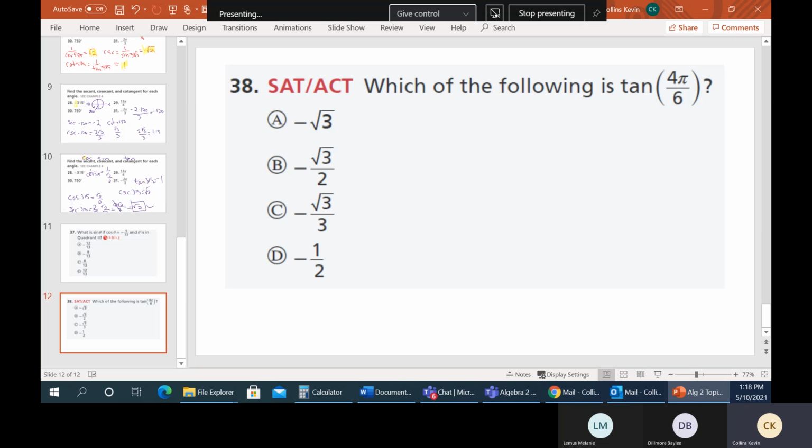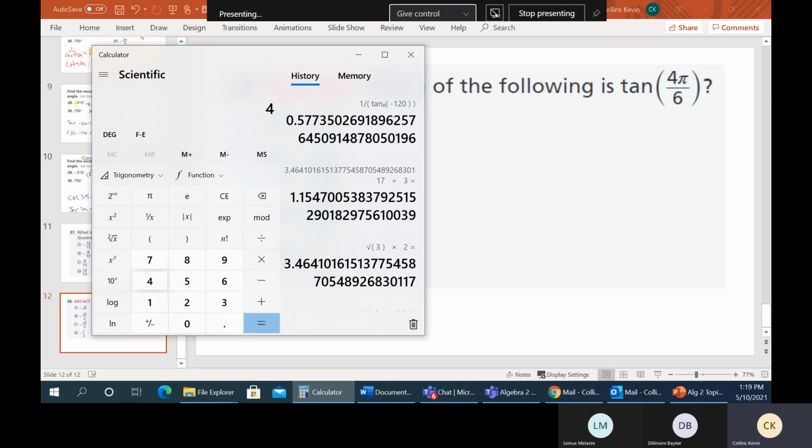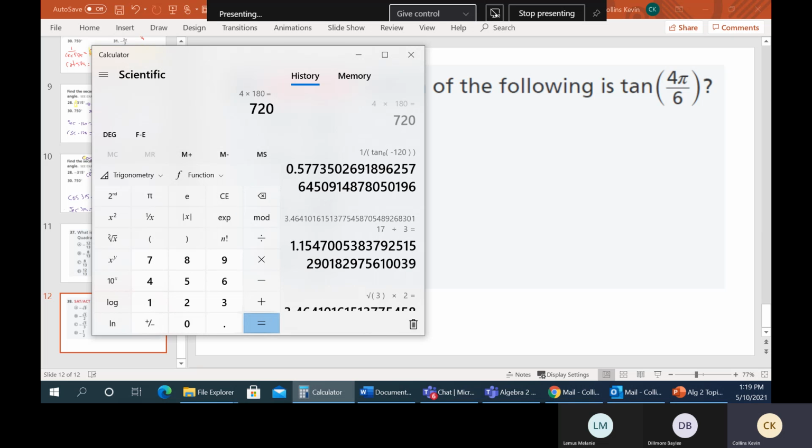So this one says, which of the following is the tangent of 4 pi over 6? Which, by the way, is 2 pi over 3. I don't know why they didn't do it that way, but that's okay. So first thing we do is we'll take our calculator and we'll do 4 times 180 and then divided by 6.